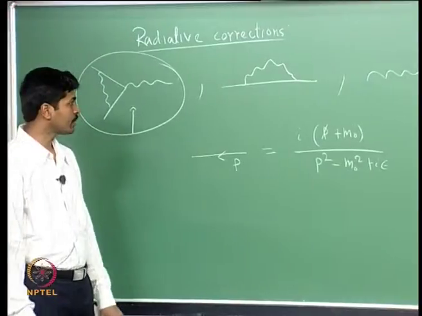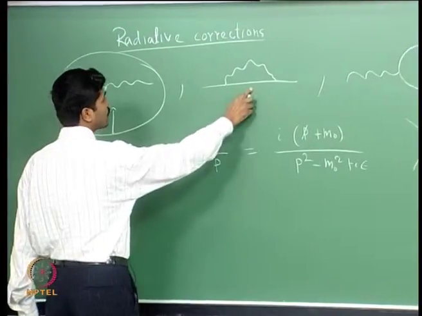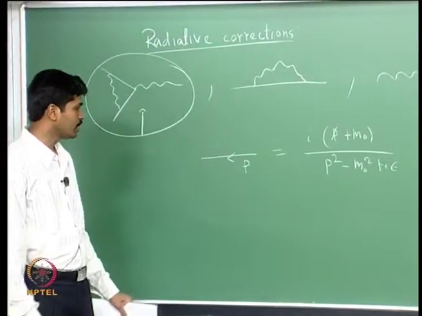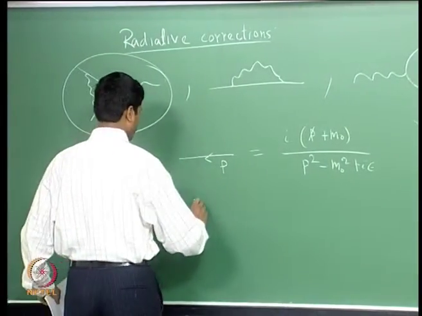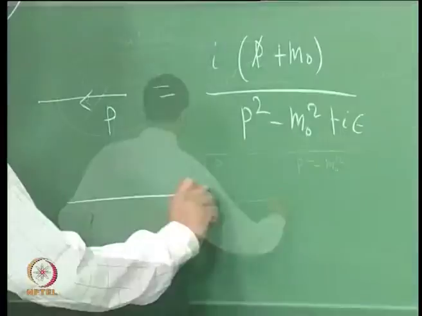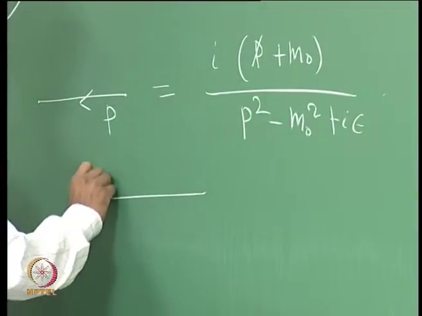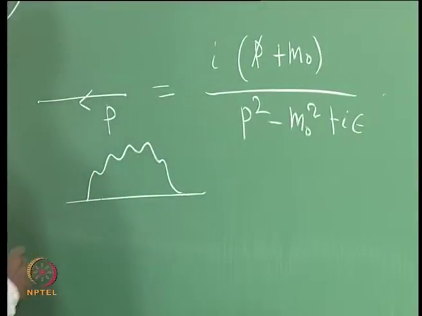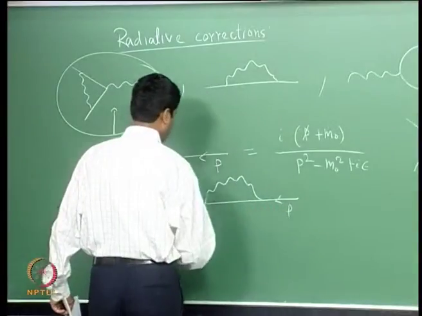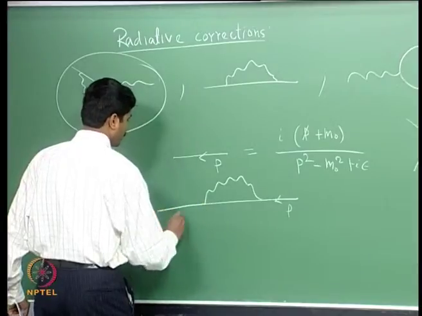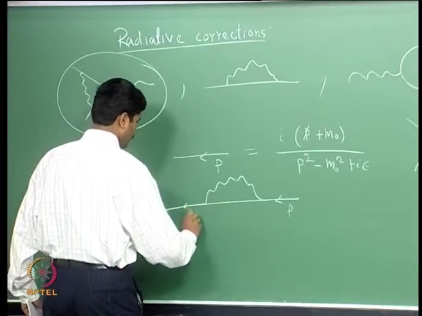This is at the tree level, and at the one loop level, this is the diagram. The electron self energy at one loop is given by this diagram here. I will call this p, and this is again p.